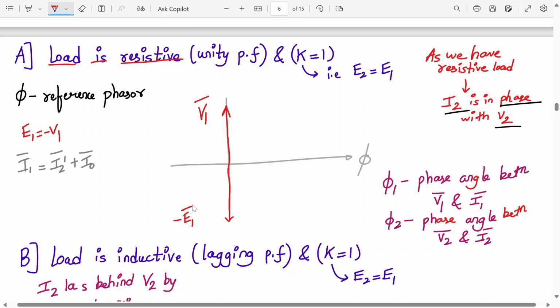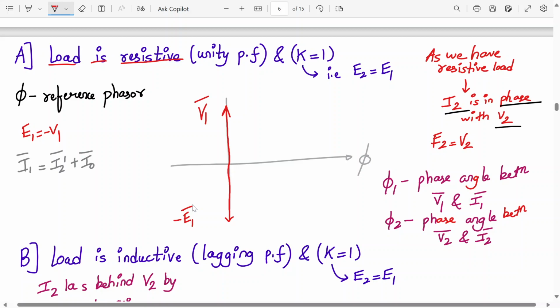Okay. Now next, where will V2 and E2 come? What's the relation between E2 and E1? E2 is equal to V2, but how is E2 related to E1?